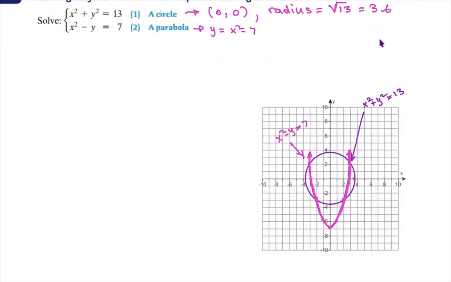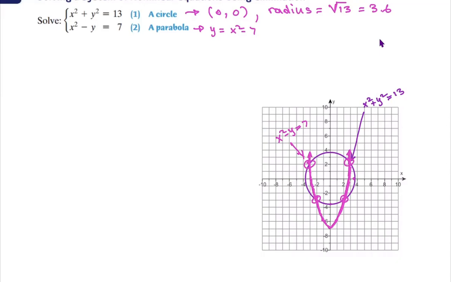So now we can see the solutions, right? That's one of them. 2, 3, and 4. We got 4 solutions. Now let's try to solve and find those 4 solutions.